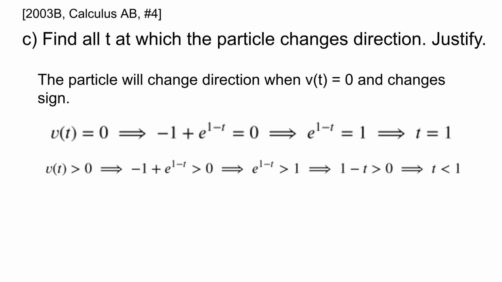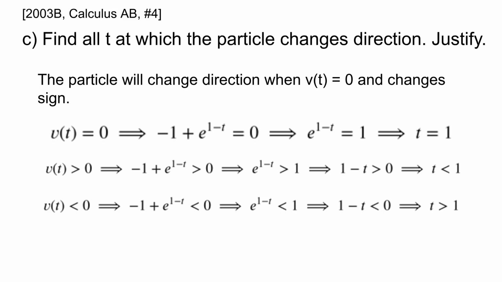We need to determine if v of t actually changes sign there, so we will analyze v of t. V of t is greater than 0 implies that negative 1 plus e to the 1 minus t is greater than 0, which implies that e to the 1 minus t is greater than 1, which implies that 1 minus t is greater than 0, which implies that t is less than 1.